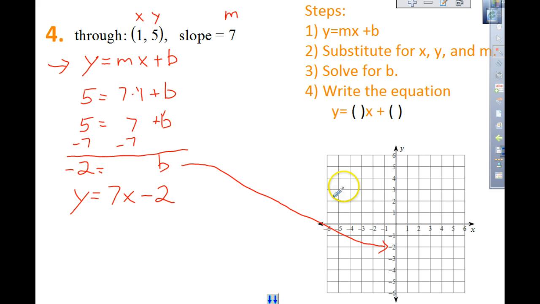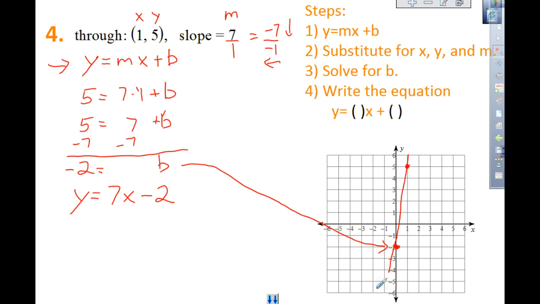Start at 1 comma 5. And the slope would be 7 over 1, which we can't really do. We can't go up 7, right 1. But we can go down 7, left 1. Negative and negative, because negative over negative is positive. So when we go down 7, left 1, sure enough, we get a y-intercept of negative 2.